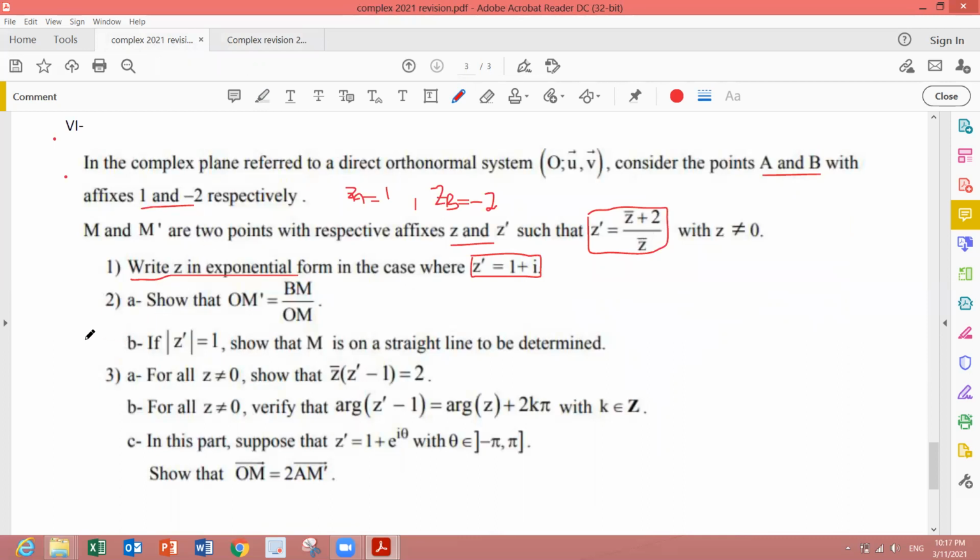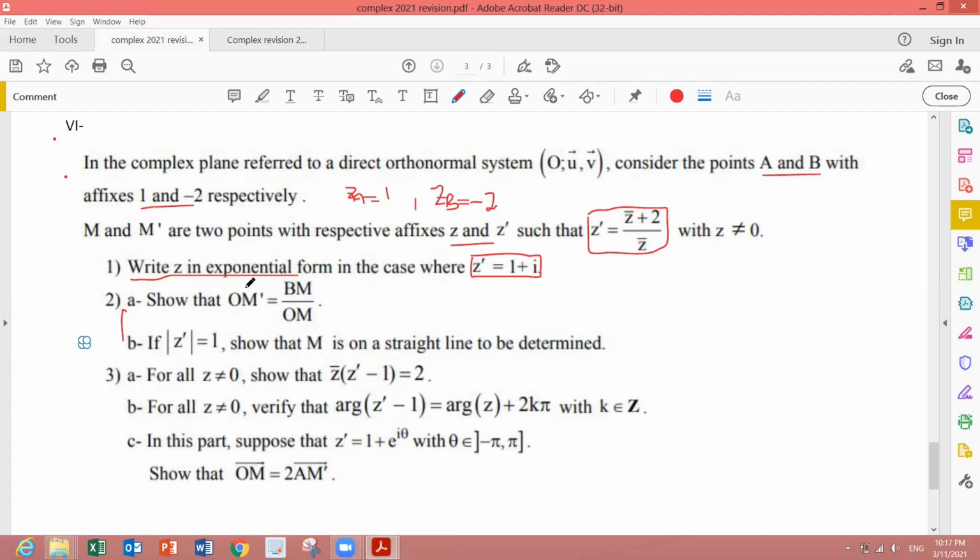Part B, we have to use part A. If modulus of Z prime equals 1, then M moves on a line to be determined. How to prove that M belongs to a line to be determined?